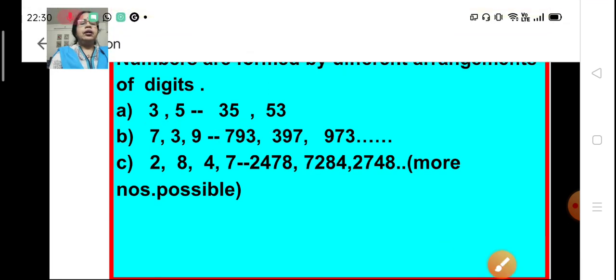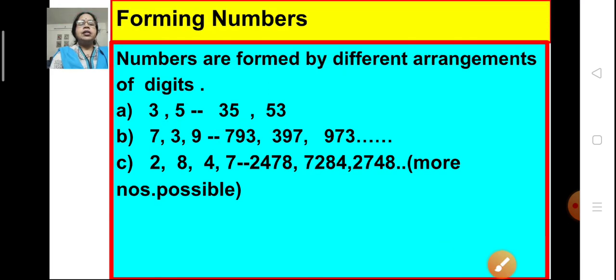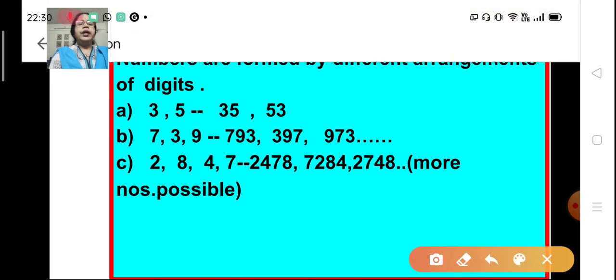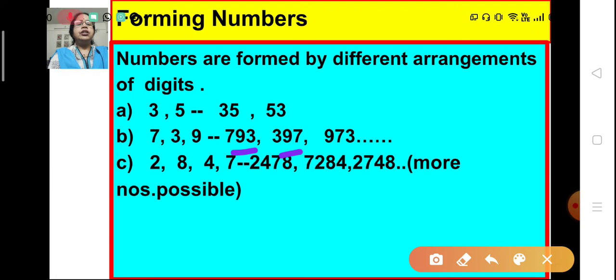Similarly, the next example has 3 digits, 7, 3 and 9, and we get different numbers by arranging the digits in different ways. The numbers will be 793, 397, 973, and you can get more by different arrangements of digits.